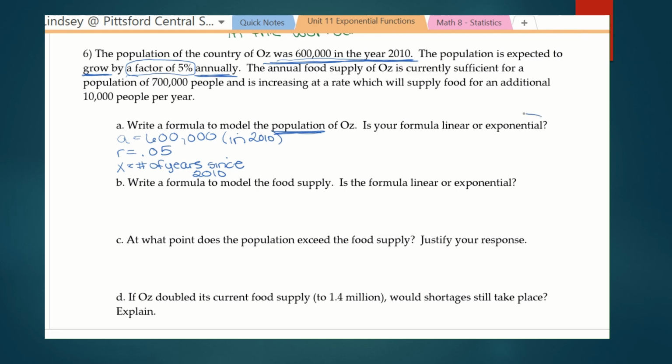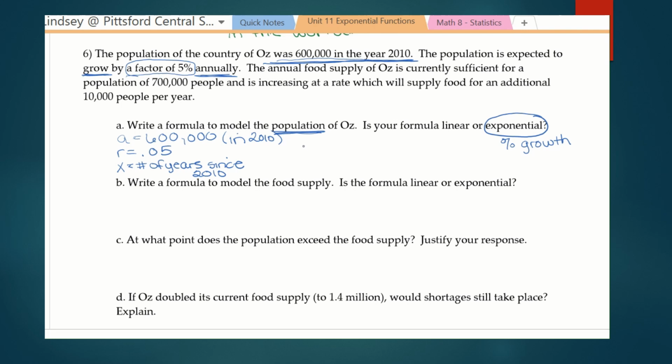It is exponential, and the reason is there is a percent growth. Notice how it didn't talk about a constant change. Our population of Oz wasn't increasing by 5,000 every single year. It's increasing by a certain percentage of the total, and that total is going to change from year to year. So this is exponential. It is not linear.